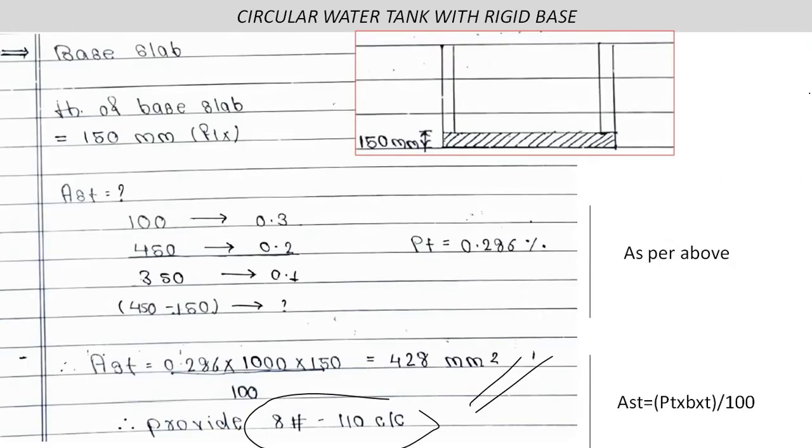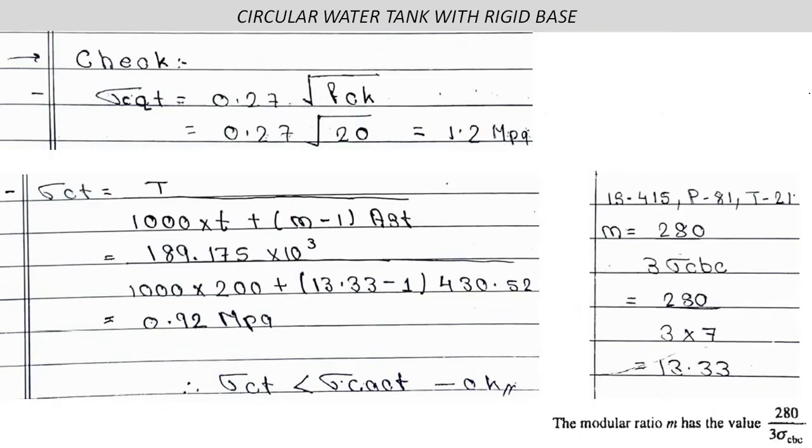So we will use capital T as 189.175 into 10 raised to 3 to convert into Newton. So divide by 1000 into t, the thickness of the side wall, the thickness of vertical, which is 200 mm. So we have provided 200 mm.